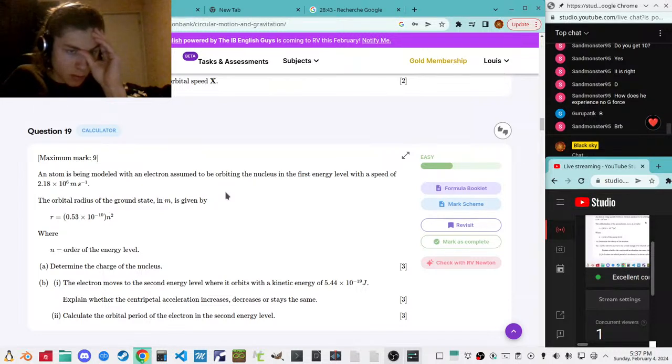The atom is being modeled with an electron. The charge of a nucleus. Why are we talking about charge? Do we have to use kQQ over r squared using the electron?